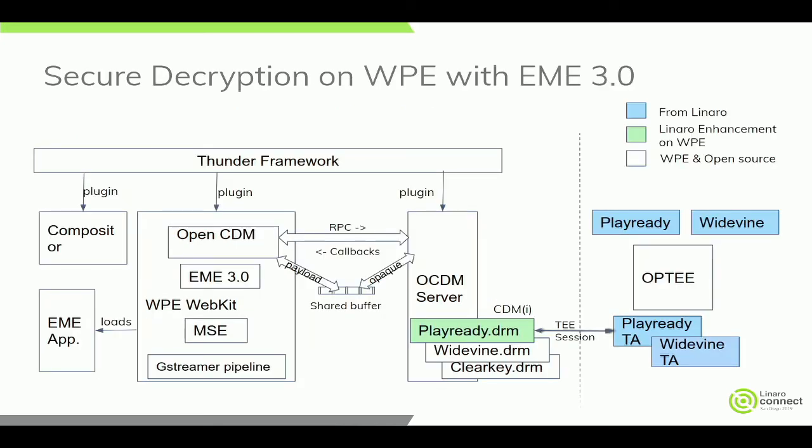This is the architecture of how secure decryption happens on WPEWebKit with Encrypted Media Extensions 3.0. The Thunder framework loads each plugin. Very first it loads the compositor for graphics, and it loads the WebKit.